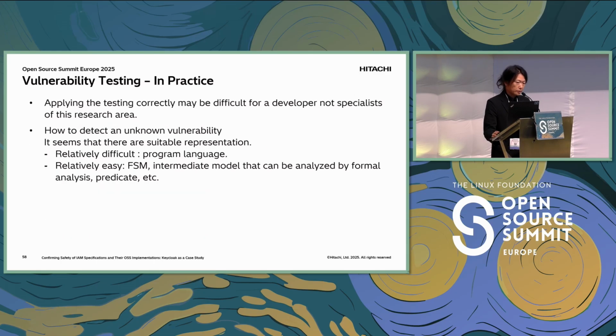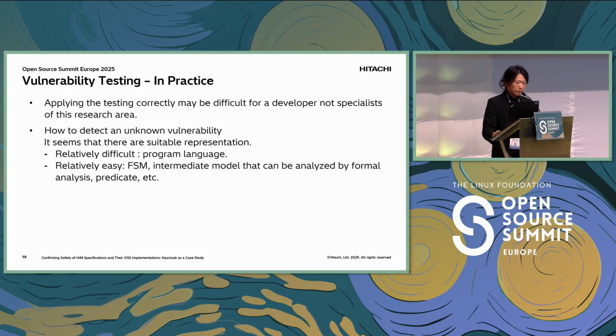So theoretically speaking, by running vulnerability testing, we can identify the vulnerabilities included in the implementation as a whole. But I think there are some issues in practice. Applying the testing methods I described just before in the research papers may be difficult for developers who are not familiar with this research area.